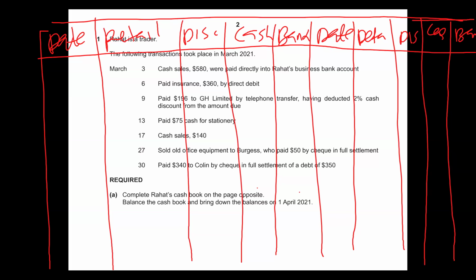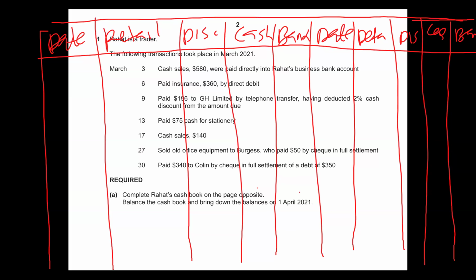When you have established that the transaction is involving the bank or cash, then your next question is, is the bank account receiving or giving? Or the cash, if it is involving cash, is the cash account receiving or giving? That's your next step. So there are 2 steps basically. Number 1, does the transaction involve cash or bank?